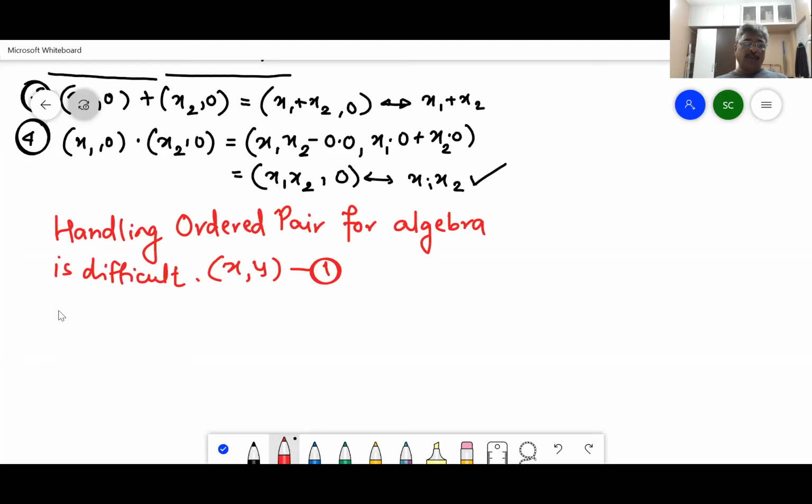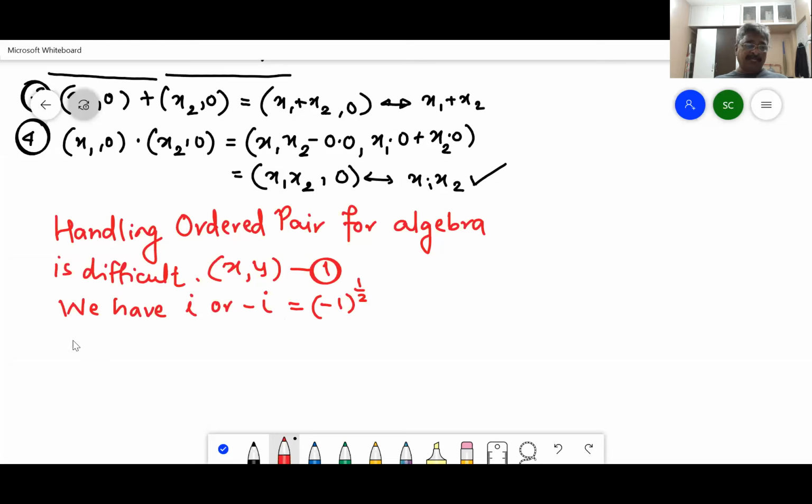And now we have i, which is equal to minus 1 raised to 1/2. This is the quantity that we have now.